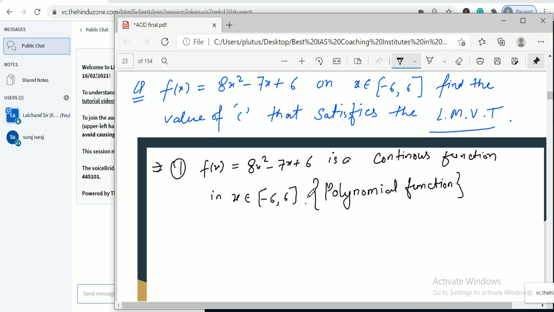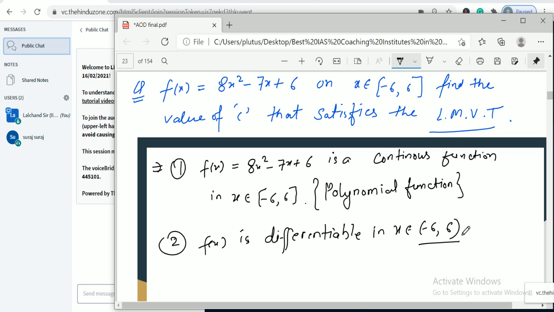All polynomial functions are continuous. It is also differentiable, so f(x) is differentiable in x belongs to (-6, 6). So we can apply Lagrange's mean value theorem since these two conditions are satisfied.